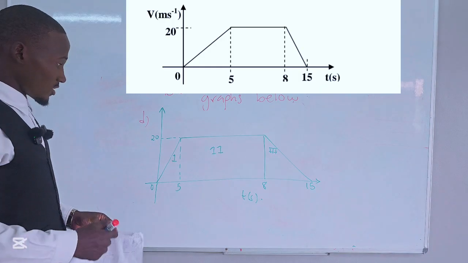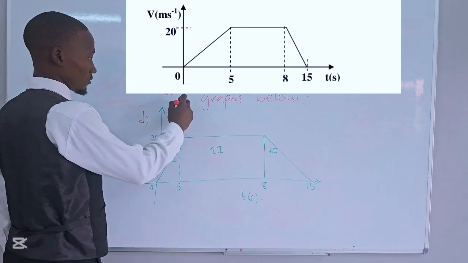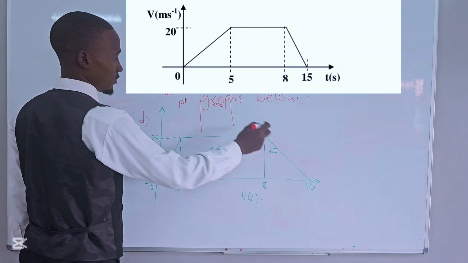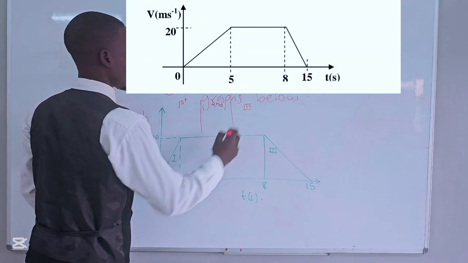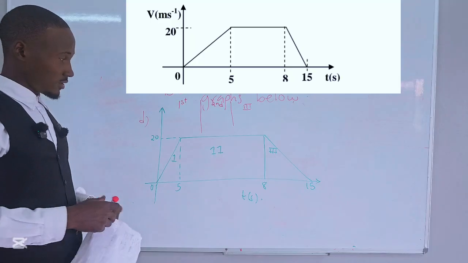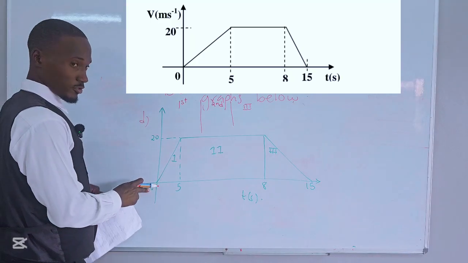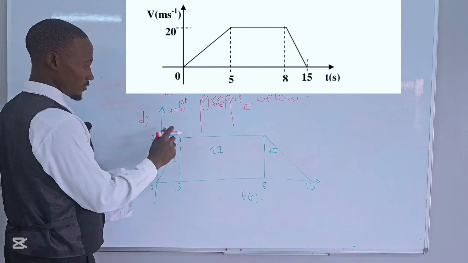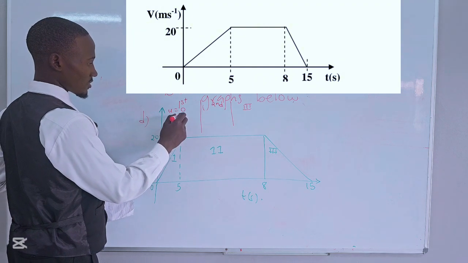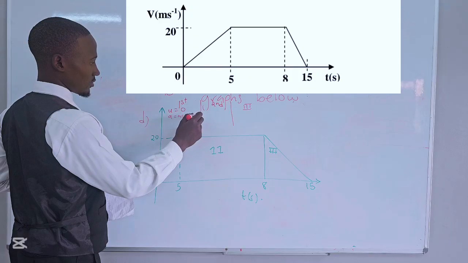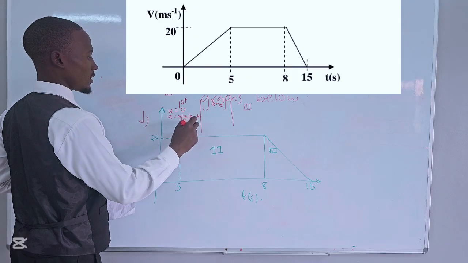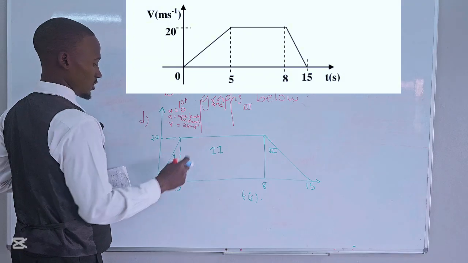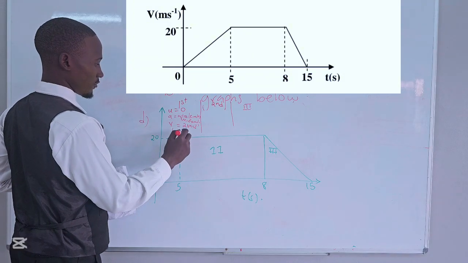Now, you can see that we have the first part, the second part, and the third part. For the first part, this thing starts from rest. It accelerates uniformly, and then it's brought to a velocity of 20 meters per second in a time of 5 seconds.